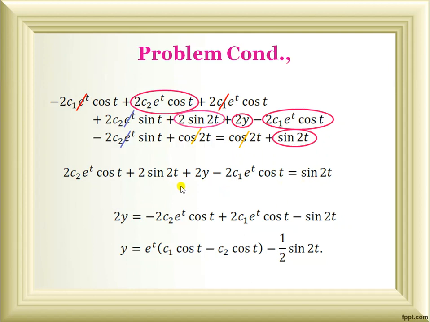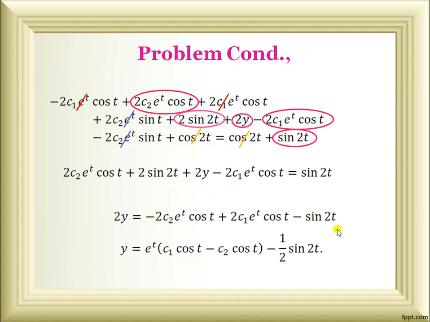So next step I am moving everything other than the y term to the right hand side. After that I will get 2y is equal to minus 2 times of c2 into e power t into cos t, and this minus becomes positive on the right hand side, so 2 c1 into e power t into cos t. So here sin 2t minus 2 times of sin 2t becomes minus sin 2t.